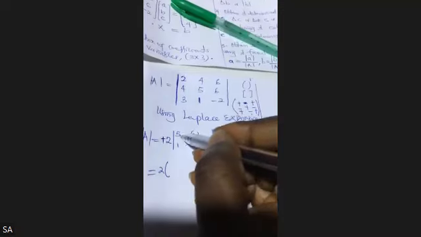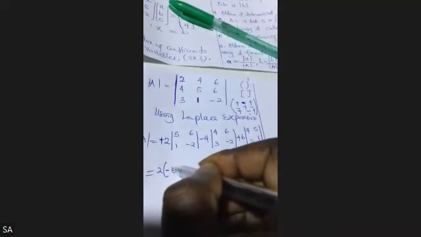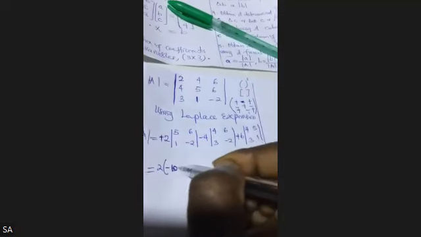The determinant is 5 times minus 2, which is minus 10. Anytime you are doing a determinant, remember, it comes with an original minus.